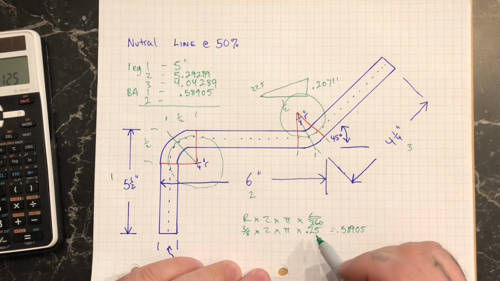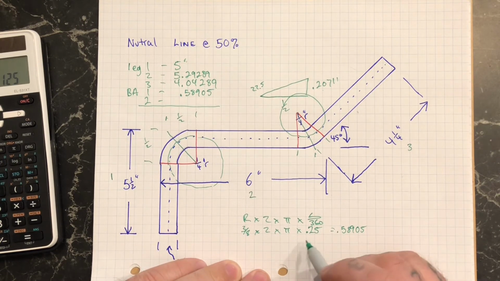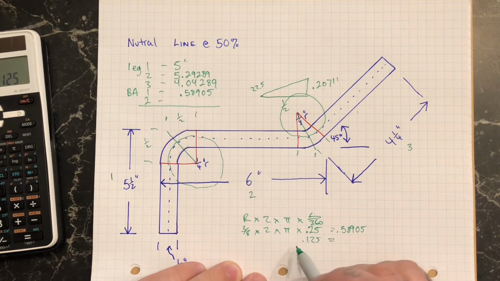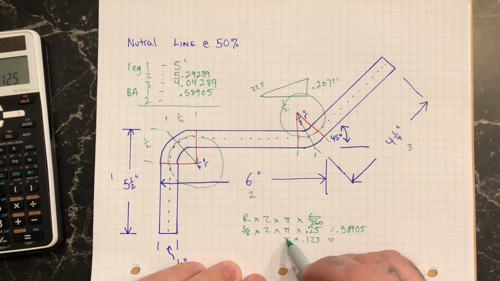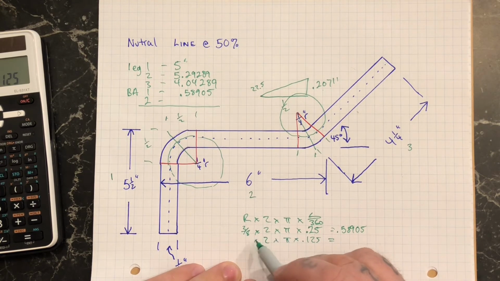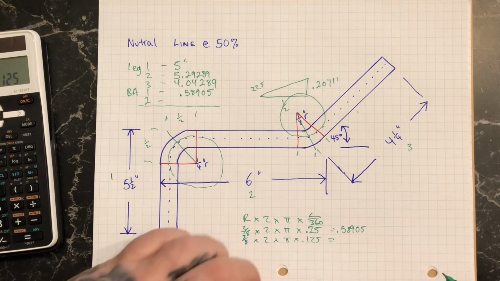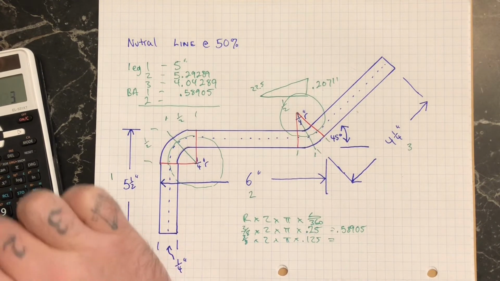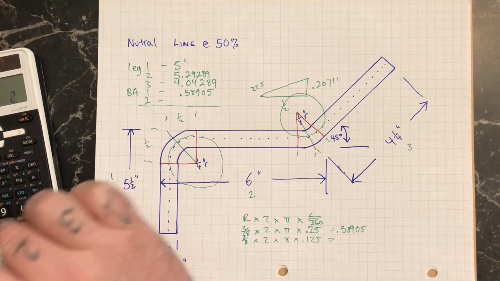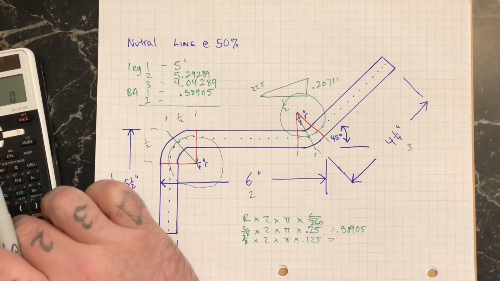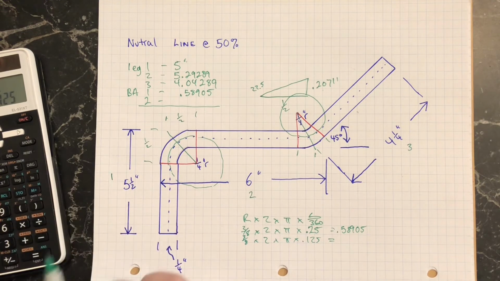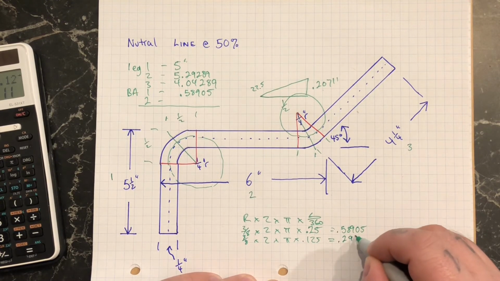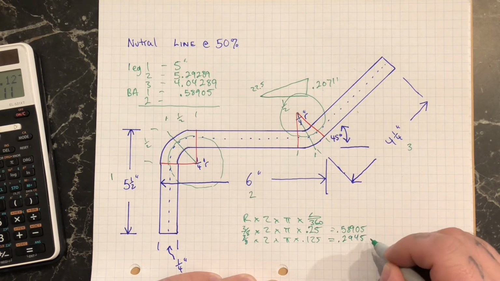So rather than having the 0.25, if I go 0.125 here and use the same formula, times pi times 2 times 3/8, that'll give us this bend allowance here. Times 2 times pi times 0.125 equals 0.2945.